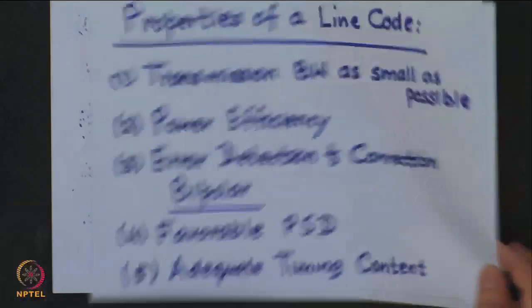Now, some of the line codes which we have seen may not have this property. For example, if you take a polar RZ (return to zero) signal and pass it through a rectifier, then you will always be able to generate a timing signal out of this. But this is not true, for example, in unipolar cases, because you could have a string of zeros or a string of ones, and in that case you will not be able to generate it.